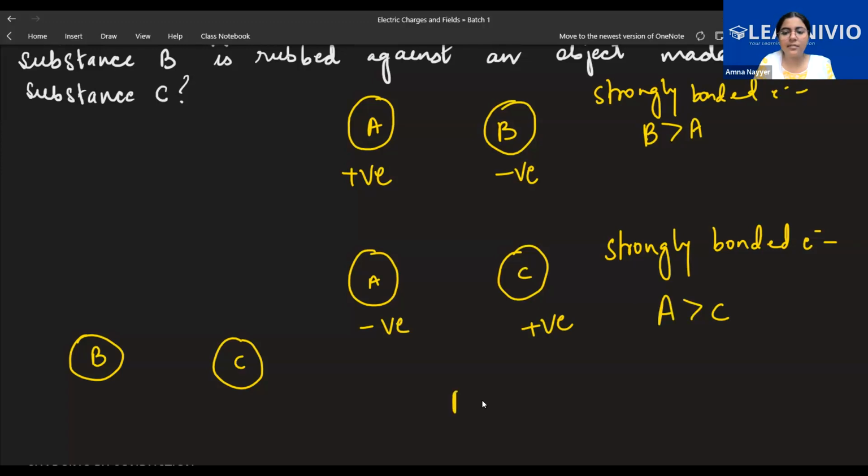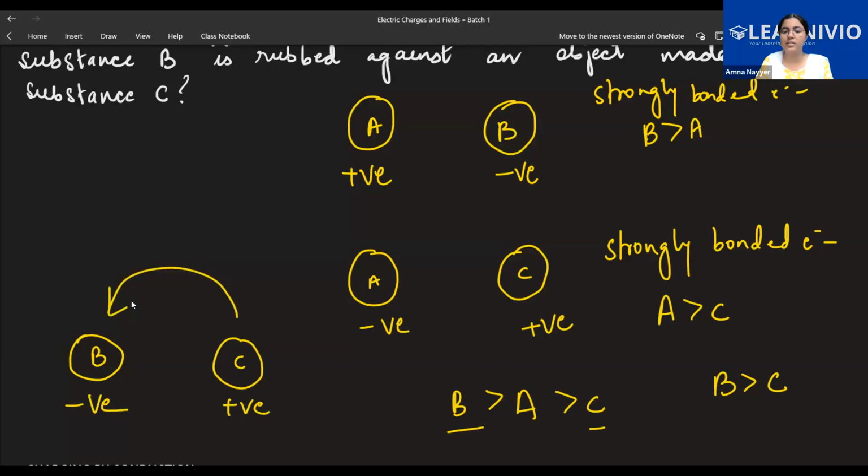B has greater bonding of electrons than A, and A has greater bonding than C. So if we compare just B and C, B has more strongly bonded electrons than C. So what should be the final charge on both of these? B will be negative and C will be positive. Perfect, because electrons will transfer from C to B.